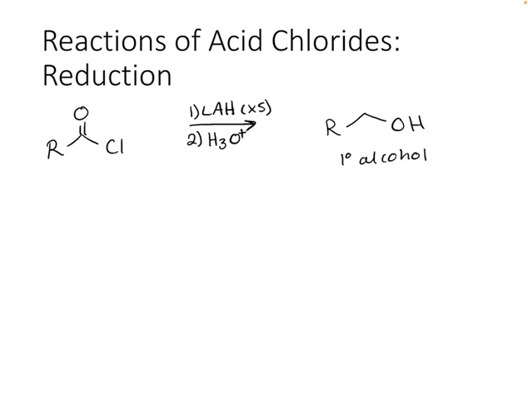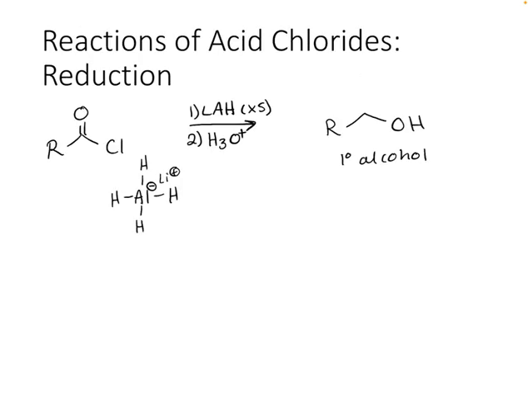So let's look briefly at the mechanism. We've seen this type of mechanism before, so it's pretty similar to those. We have our lithium aluminum hydride, so we've got aluminum bonded to 4 hydrogens with a lithium atom there to even out the charge.